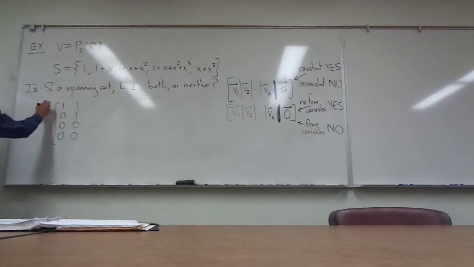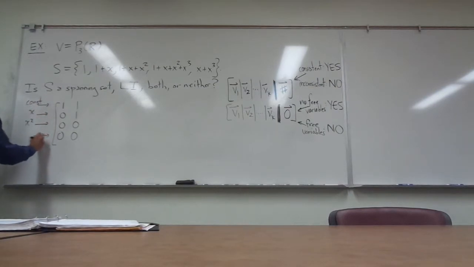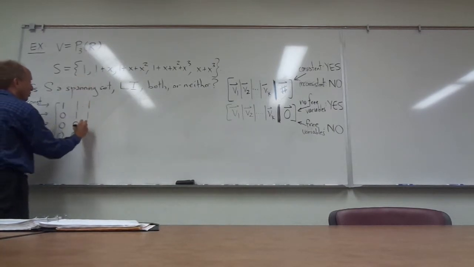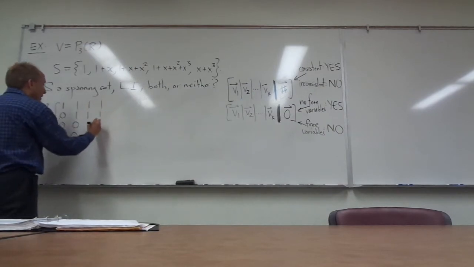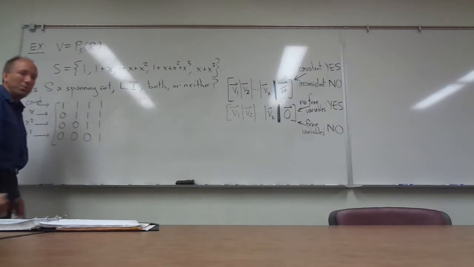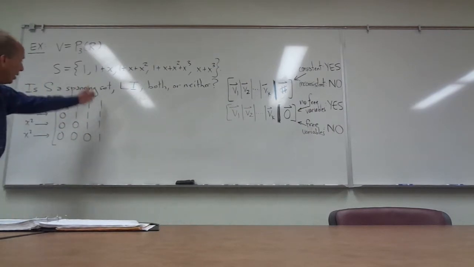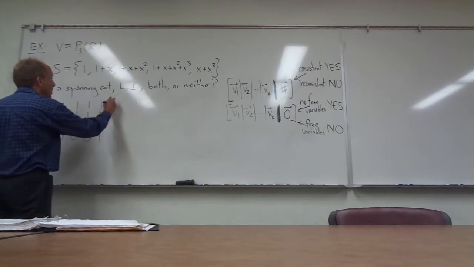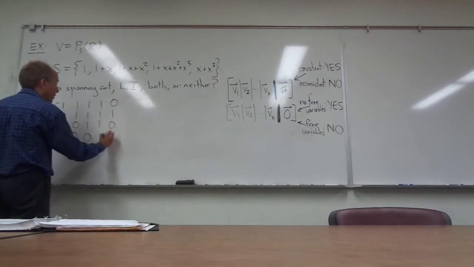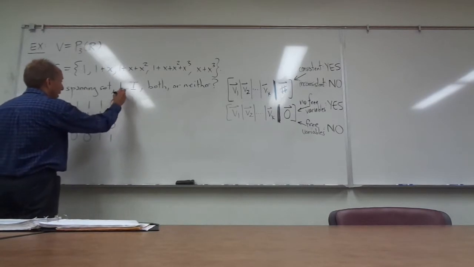So I'm putting my constant coefficients in the first row, my x coefficients in the second row, and I'm going to keep going like that, x squared and x cubed. The third polynomial would look like that, right? 1 plus x squared. 1 plus x squared plus x cubed would look like that, with a 1 in every single row of that column. And x plus x cubed would be 0, 1, 0, 1, like that.